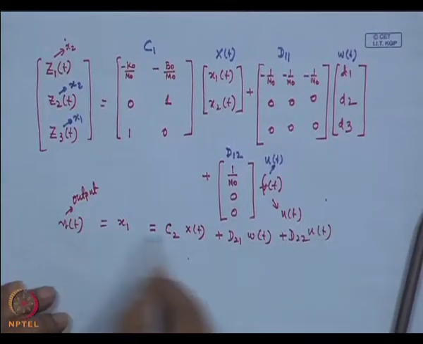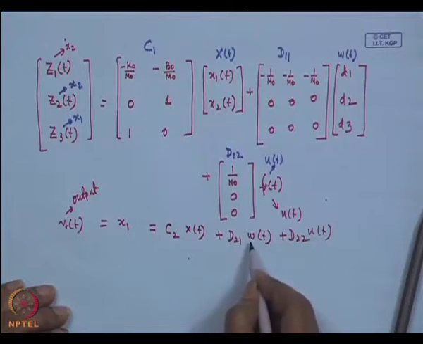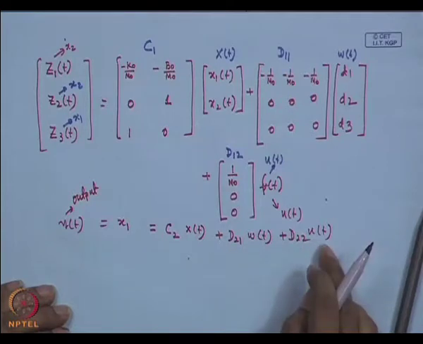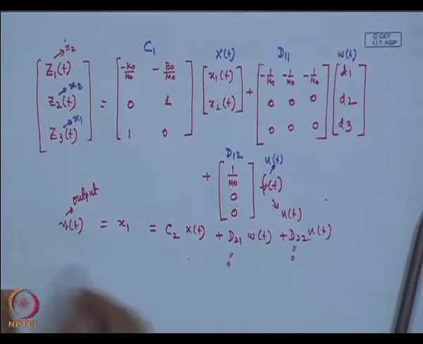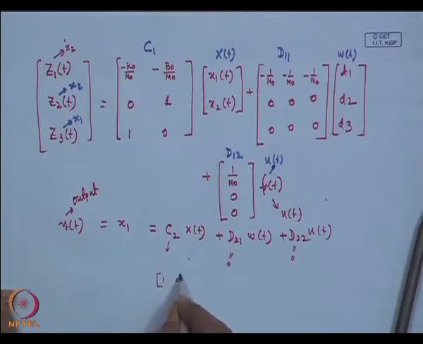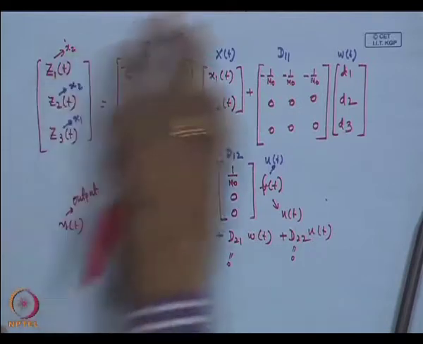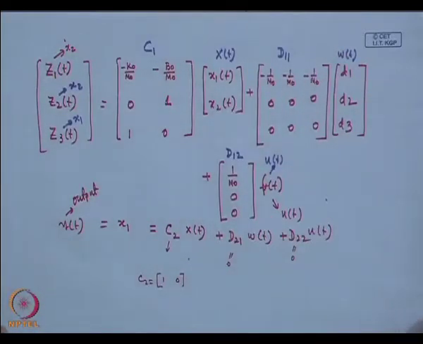In our case d21 is 0 and d22 is 0, but in the general structure I can write it this way. In our case C2 is 1, 0. So, this is the general structure now.